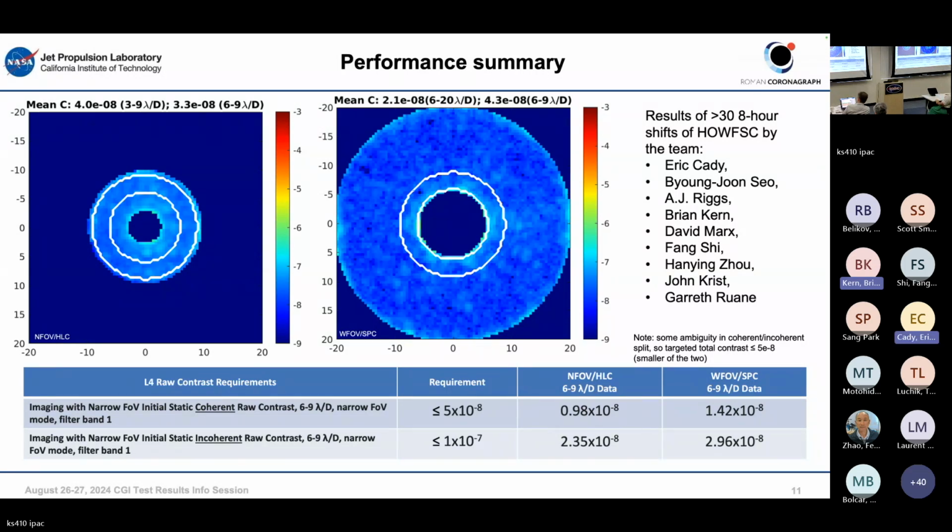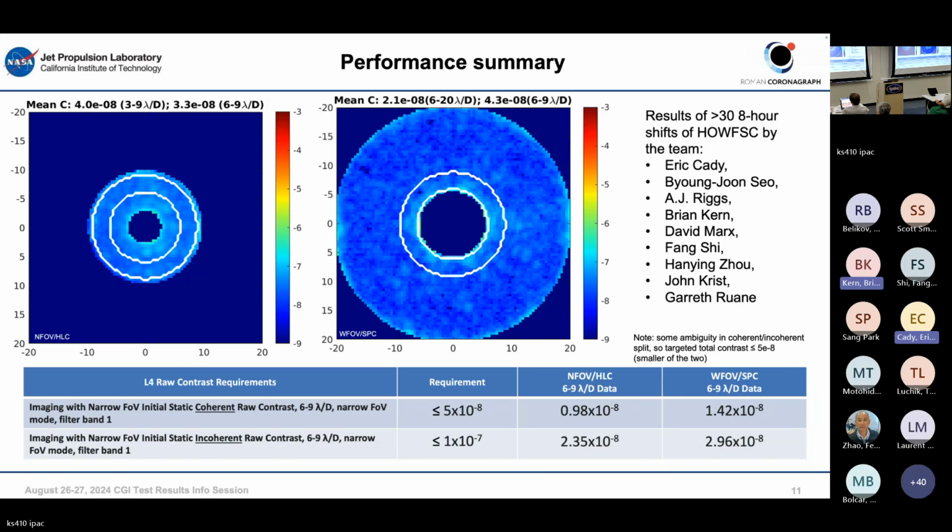But this has been our baseline, and you can see some numbers up there for how it did over the entire dark hole. We also had some time available and took advantage of it to do some band 1 wide field of view masks.